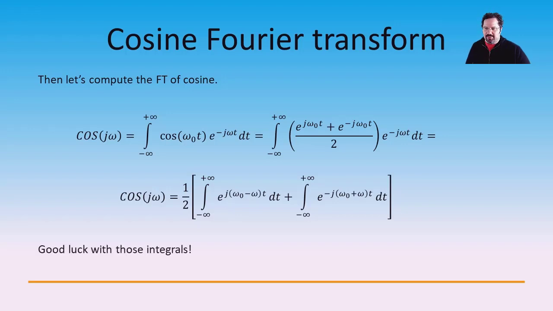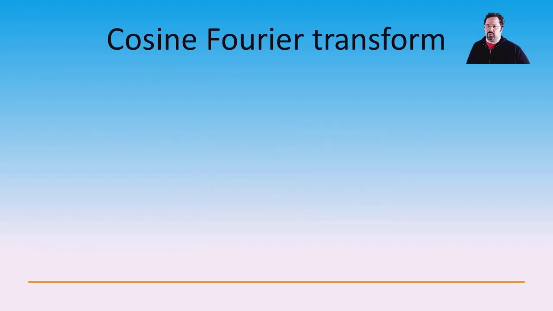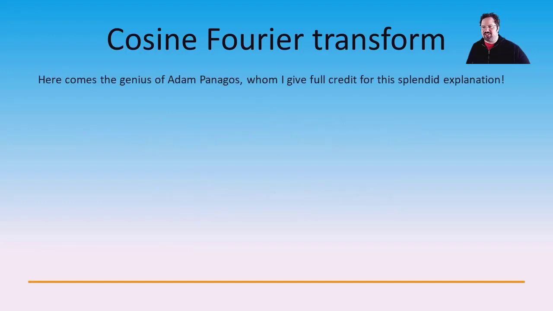So good luck with those integrals. So what can we do? Here comes the genius of Adam Panagos, whom I give full credit for this splendid explanation, and I thank him. So Adam, if you see this video, thank you for your explanation that saved me during my studies.